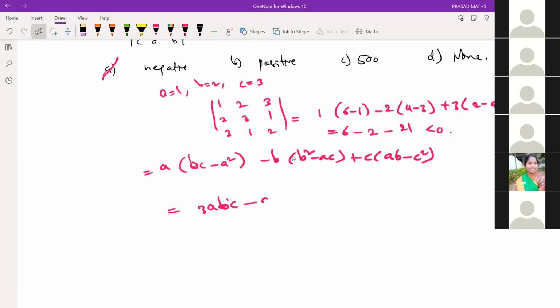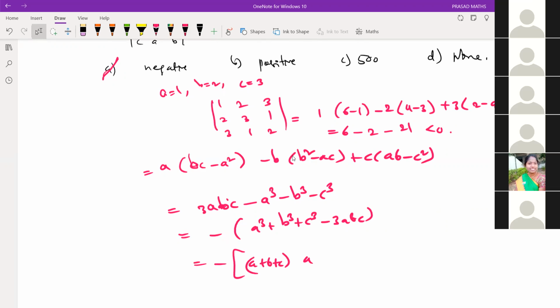Next, minus A cube minus B cube minus C cube. That is the same as saying A cube plus B cube plus C cube minus 3ABC. What is this? Minus of A plus B plus C into A square plus B square plus C square minus AB minus BC minus CA.